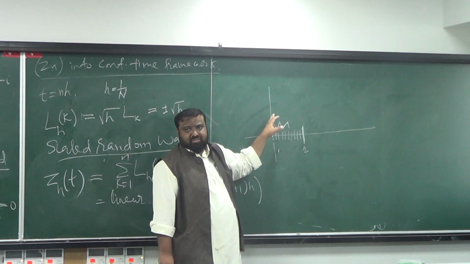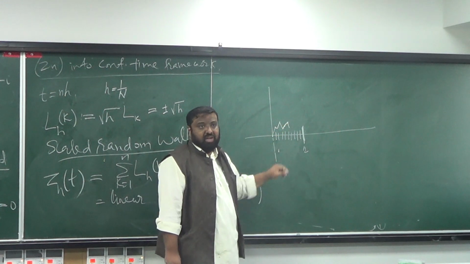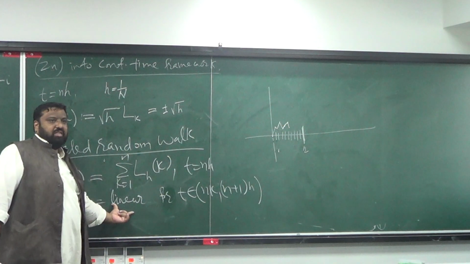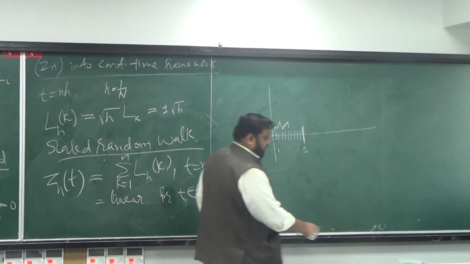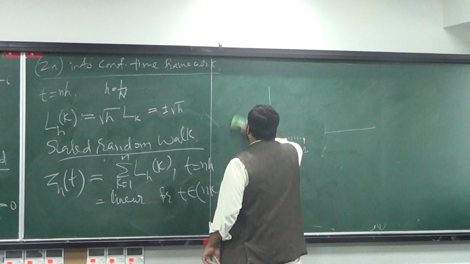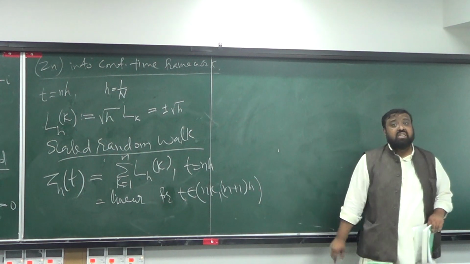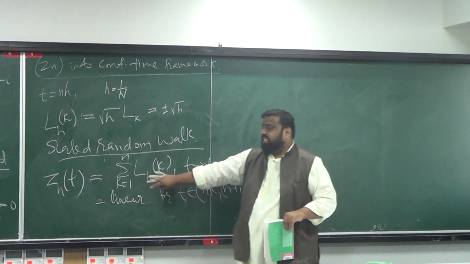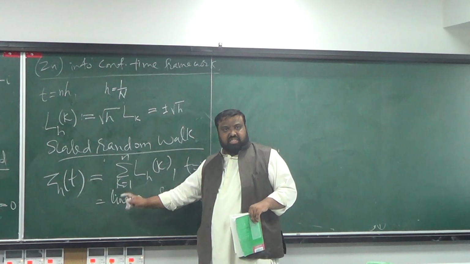You can apply the two-point formula, the interpolation formula, and put that expression here. So now, the good thing about this process is that this Z^h process, the scaled random walk, has become a continuous process.